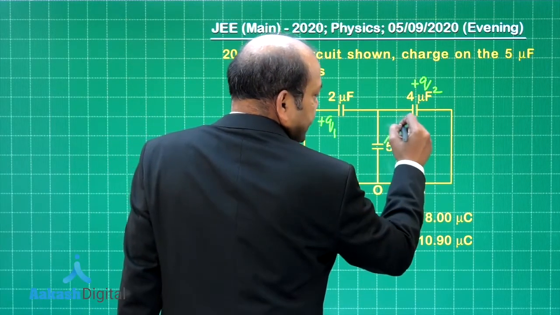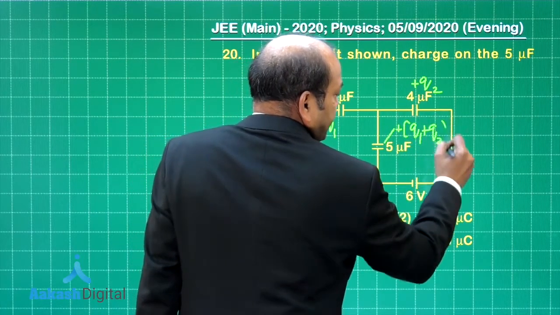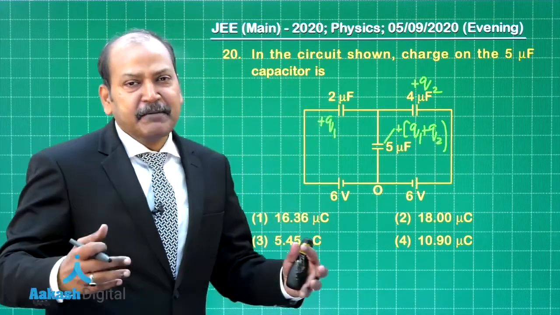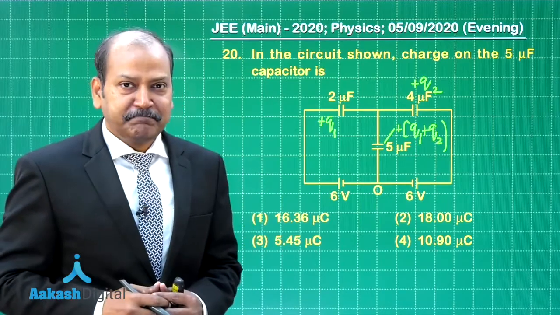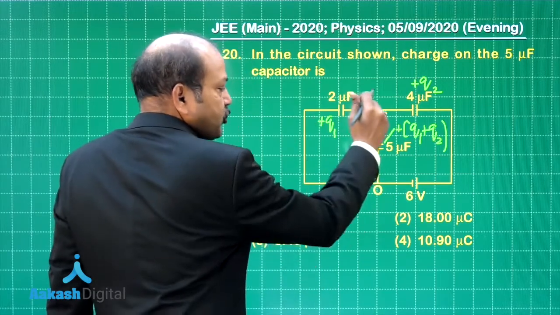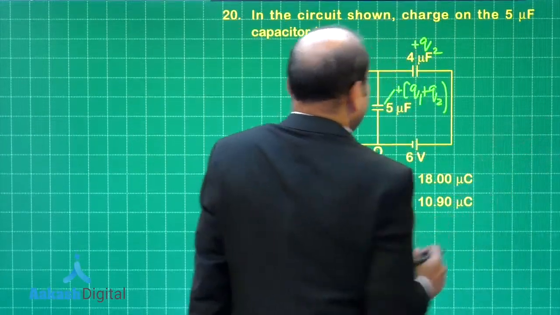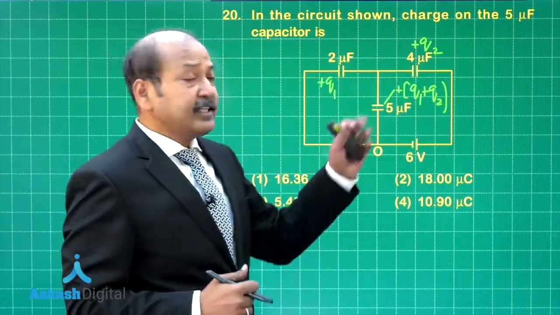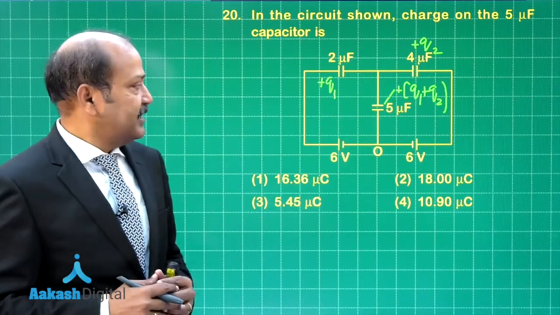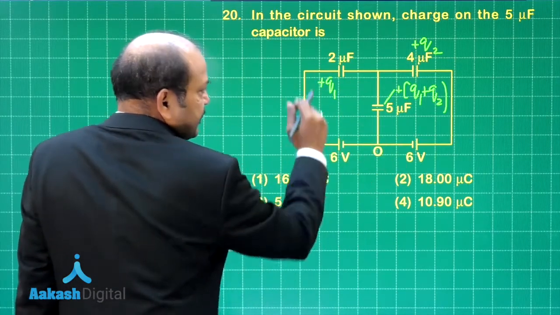So, on this plate we have charge plus Q1 plus Q2, and now we can traverse the loop and apply Kirchhoff's voltage law. Starting from point O, we go across in the clockwise sense. We are interested in finding the value of Q1 plus Q2, which is the charge on the 5 microfarad capacitor.